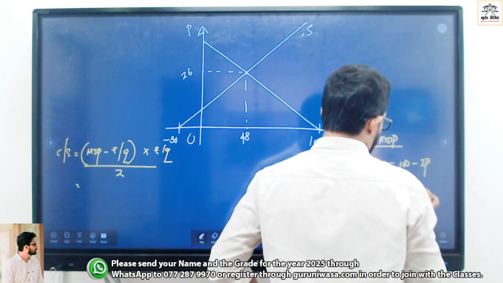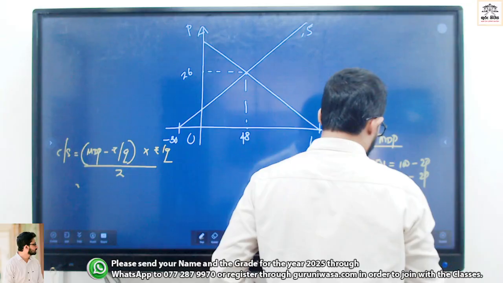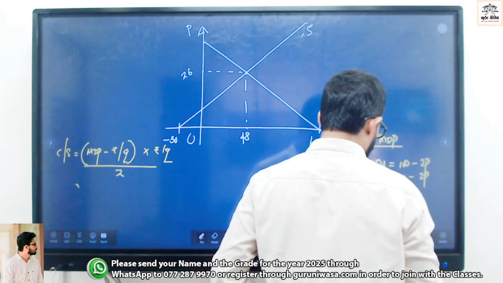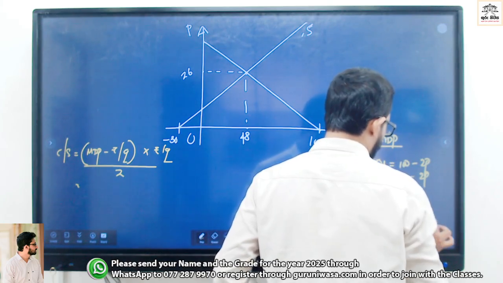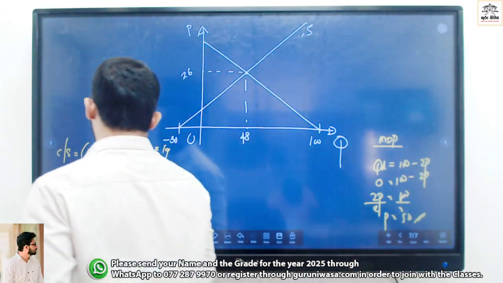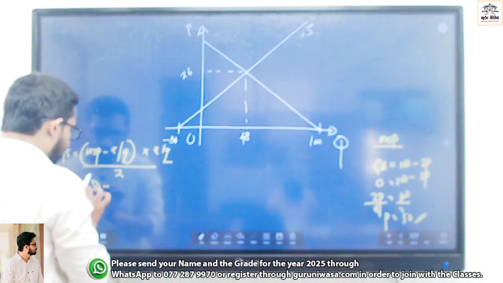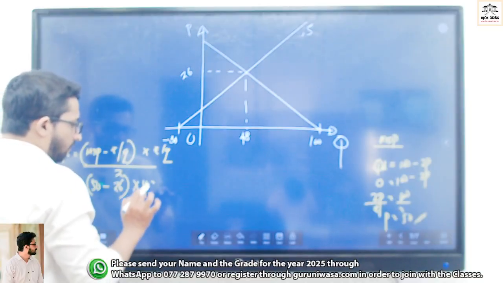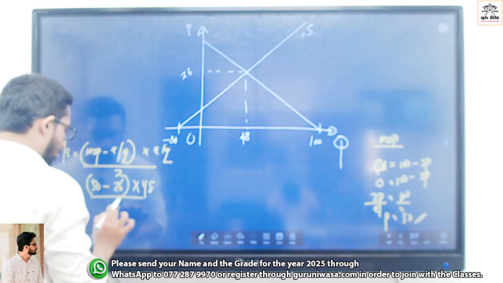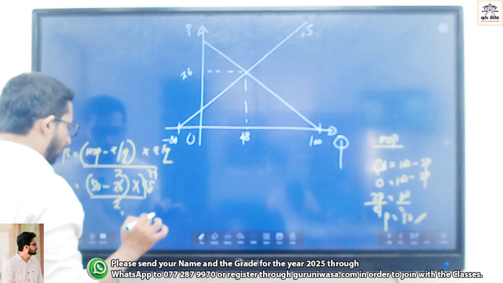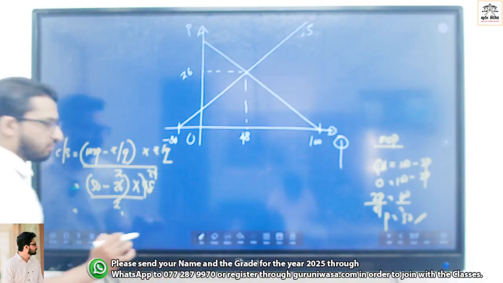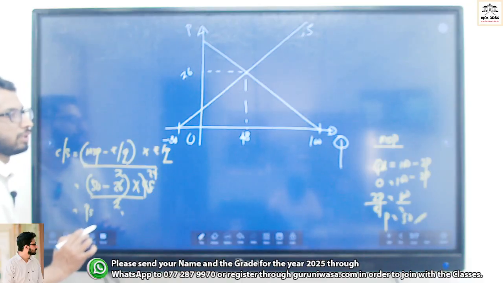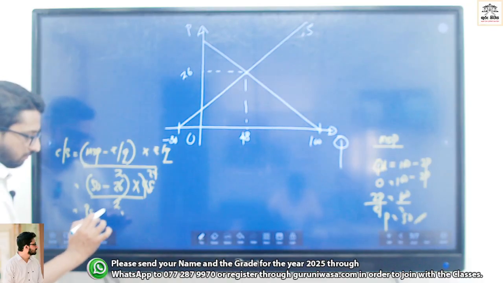Substitute QD equals 0: 2P equals 100, so P equals 50. Maximum demand price is 50 minus equilibrium price 26, times equilibrium quantity 48, divided by 2. That is 24 times 24, which is 576.